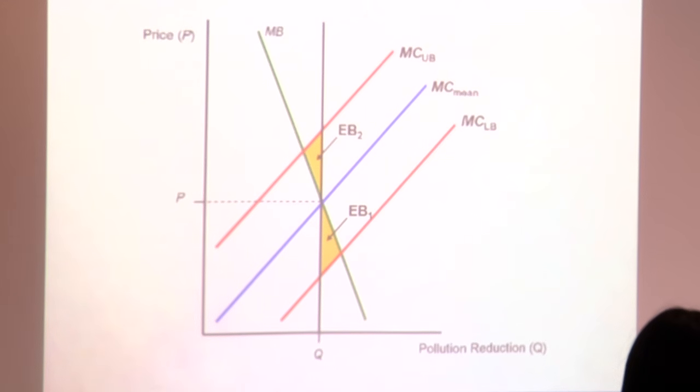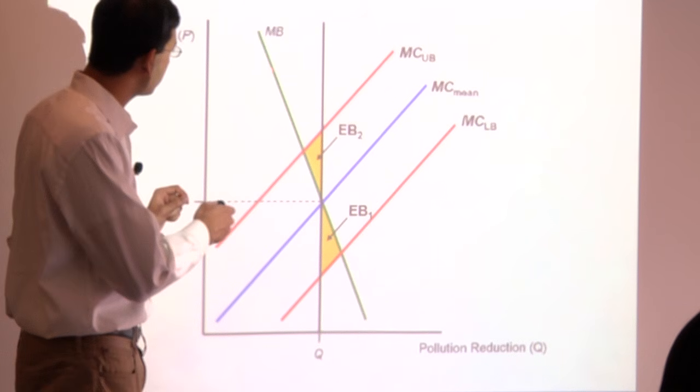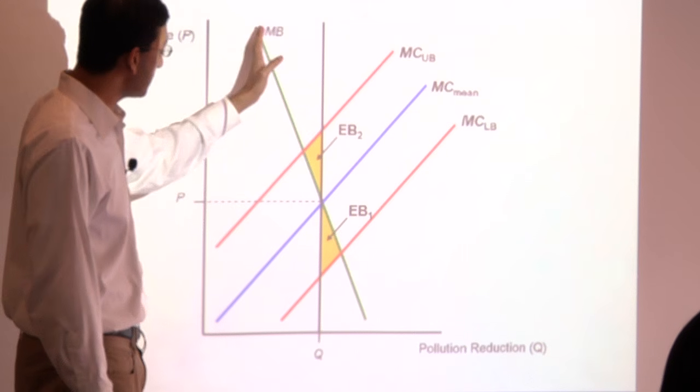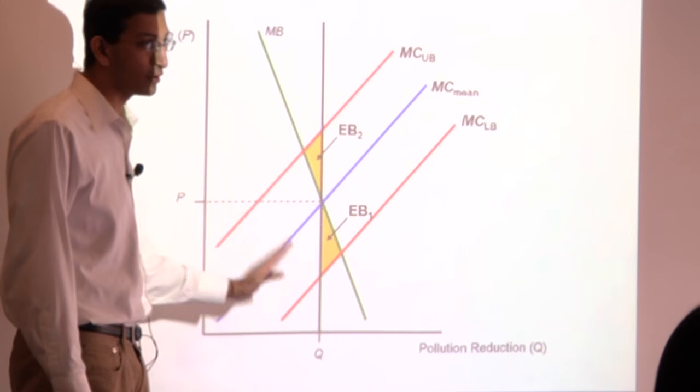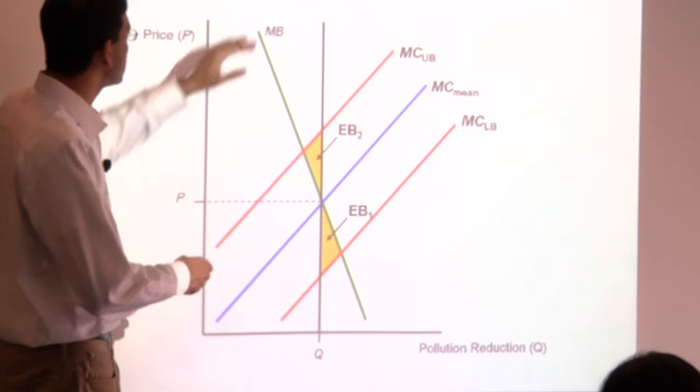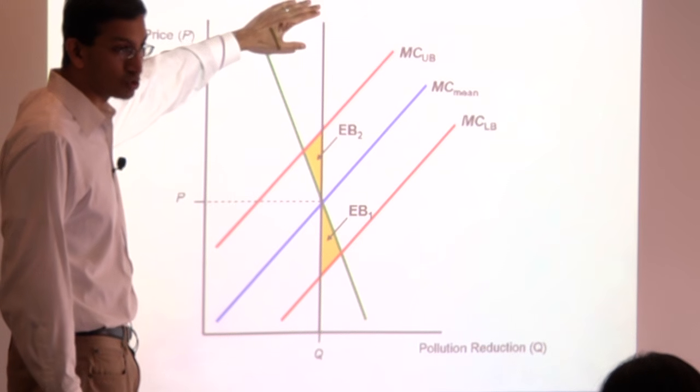So let's start with the case where the marginal benefit curve of reducing pollution is steep. So that's shown by this diagram here. The marginal benefit curve being steep means that B prime of Q is falling very rapidly as you raise Q. All right? And let's start with the case of quantity regulation.